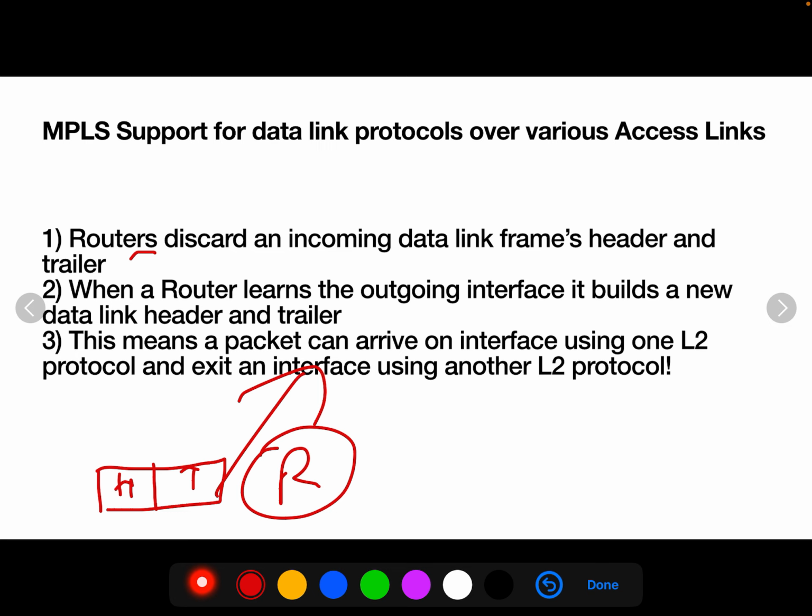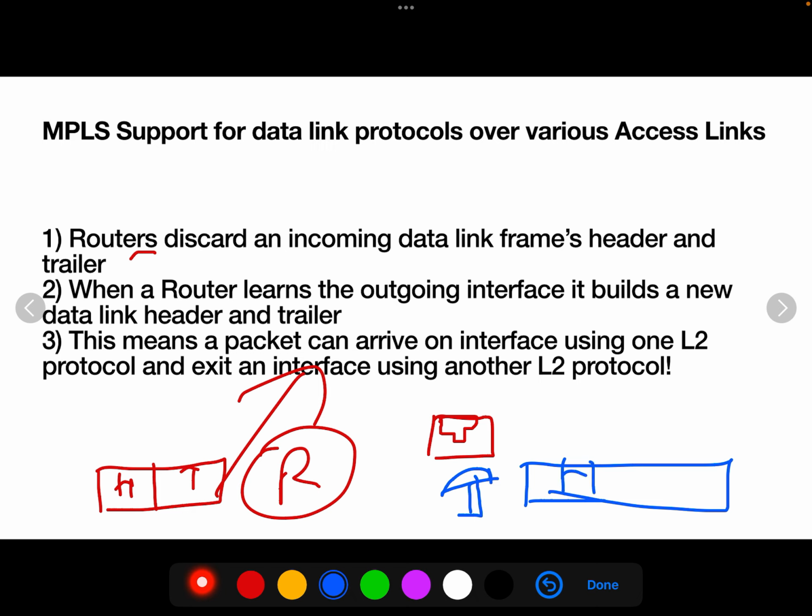But when a router learns the outgoing interface for routing to a destination, it builds a new header and trailer.